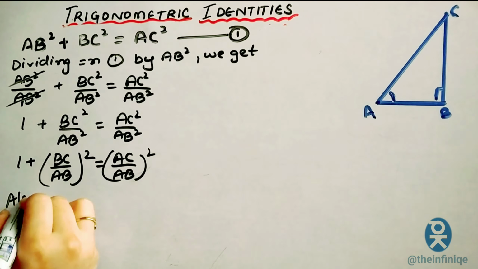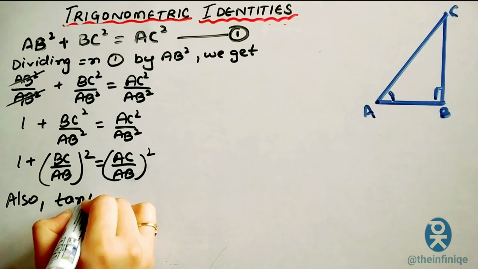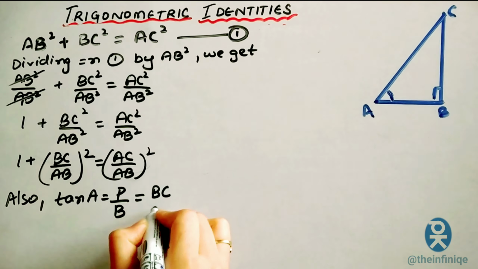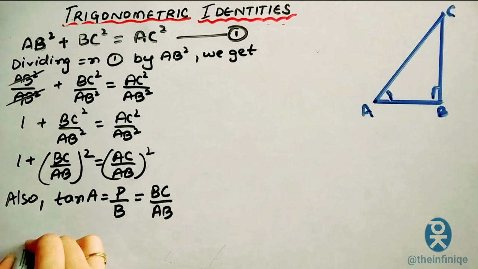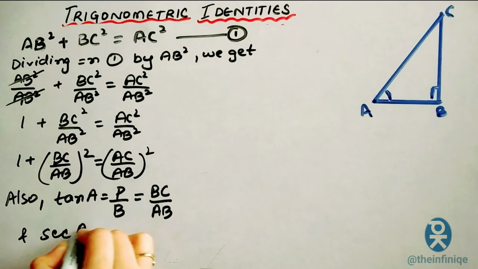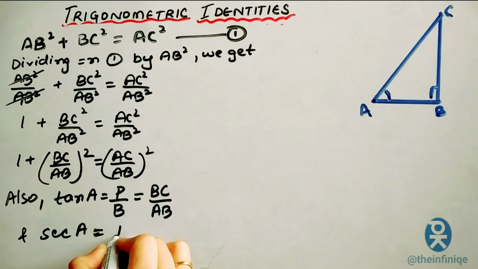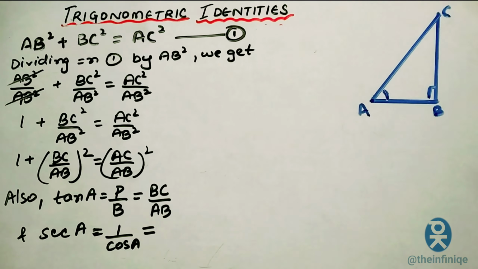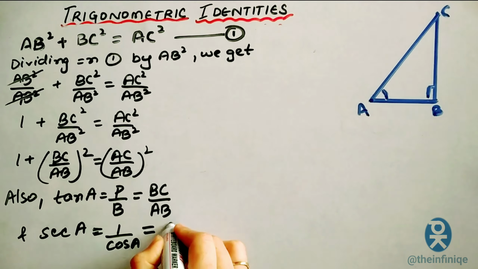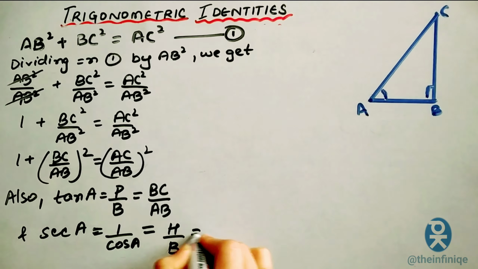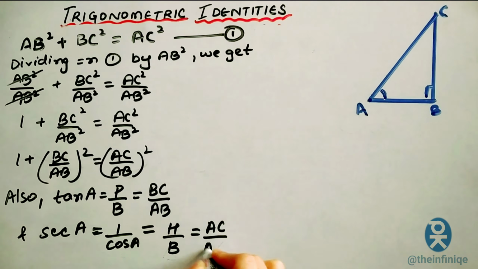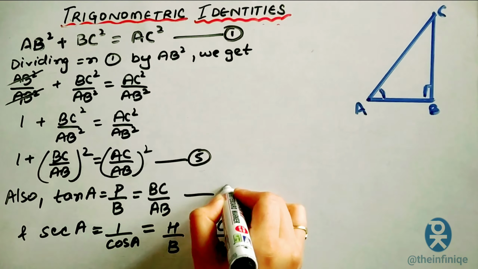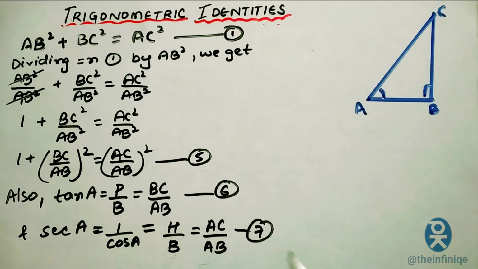Also we have tan A, which is equal to perpendicular upon base; perpendicular is BC and base is AB. And sec A is equal to 1 upon cos A. We know that cos and sec are reciprocal to each other, so sec A is equal to hypotenuse upon base; hypotenuse is AC and base is AB. Let these equations be equation 5th, 6th and 7th.